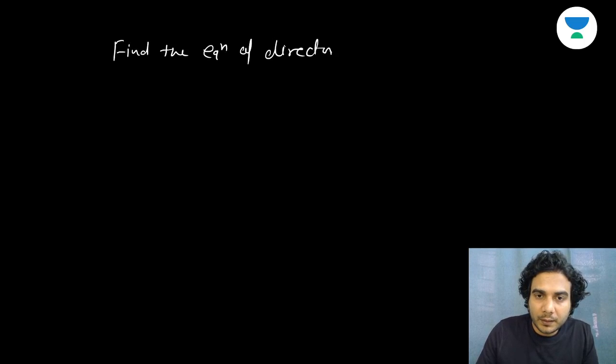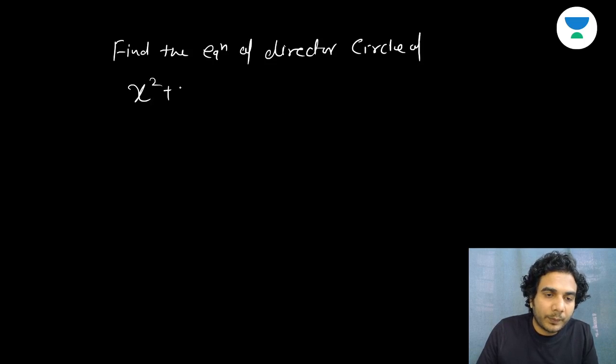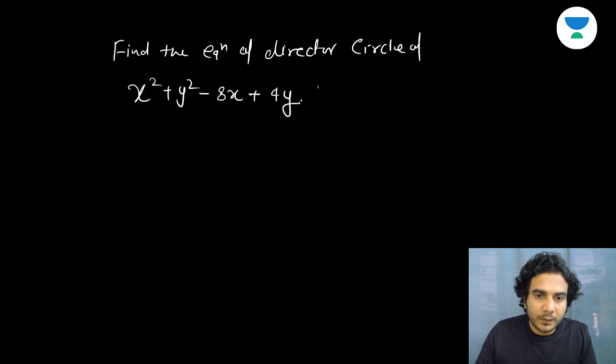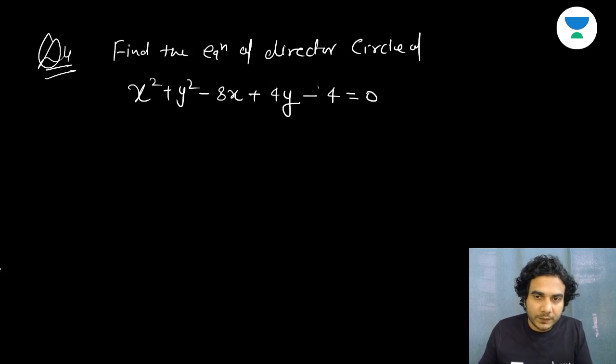Now find the equation of the director circle of x square plus y square minus 8x plus 4y minus 4 is equal to 0. Okay, so try this sum. Try to find the equation of director circle of the circle, and then we'll proceed.